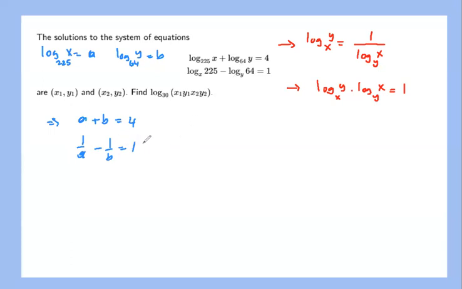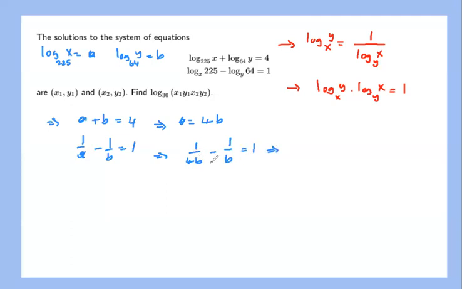So it's much better than these equations. We can solve this either using substitution or eliminating one of the variables, but I think substitution is good. If I take a alone, that should be 4 minus b. Then I can plug this into the second equation. So that will give us 1 over 4 minus b, minus 1 over b, equals 1.